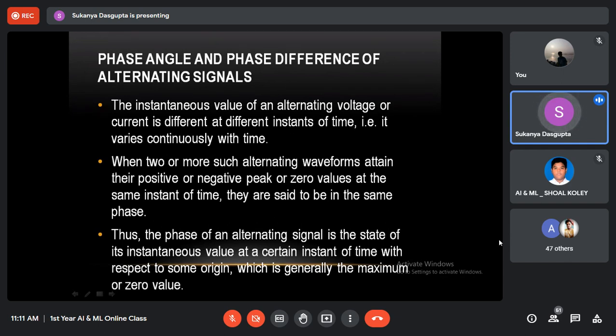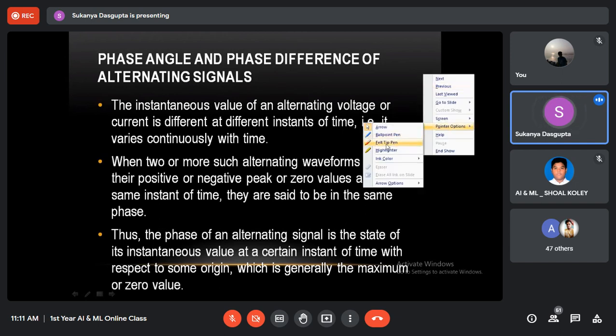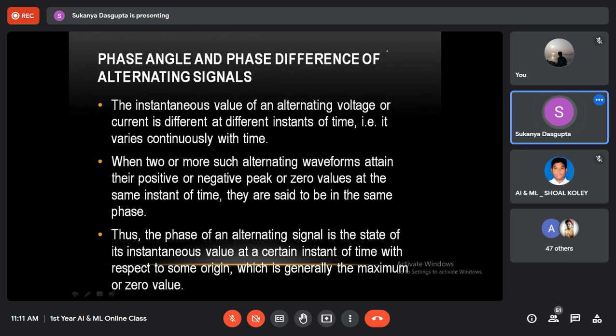Now, when two or more such alternating waveforms attain their positive or negative peak or zero values at the same instant of time, there will be a problem. What I'm trying to say, suppose in a circuit, two alternating currents are associated.